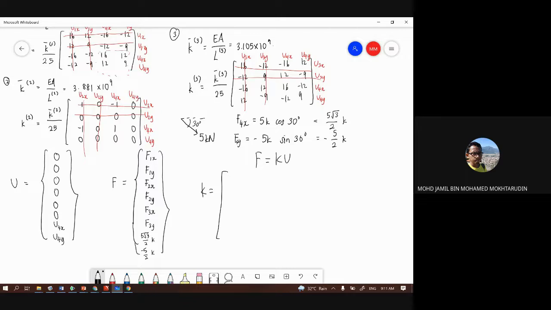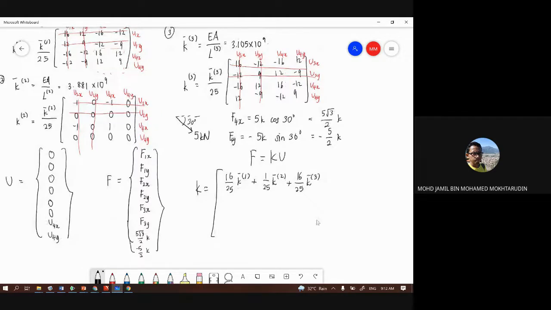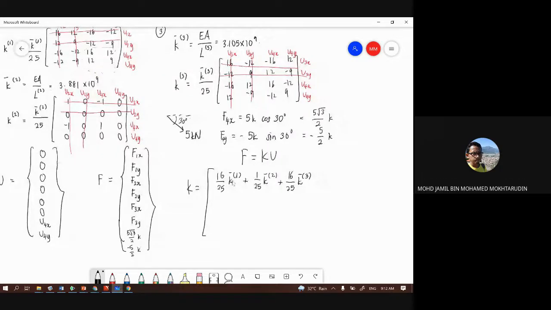So you get 16 over 25 k bar 1 plus 1 over 25 k bar 2 plus 16 over 25 k bar 3. Okay, so I saw your answer in the quiz. Most of you didn't multiply with k bar. You simply added 16 plus 1 plus 16. So that's definitely incorrect. So you have the k bar as the multiplier for the matrix. So don't forget about that.